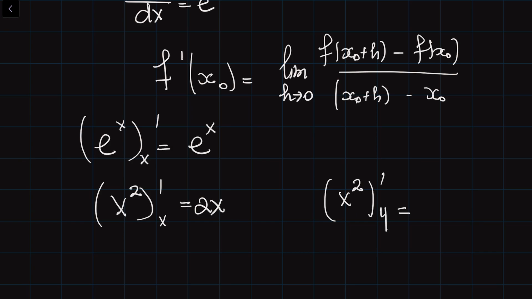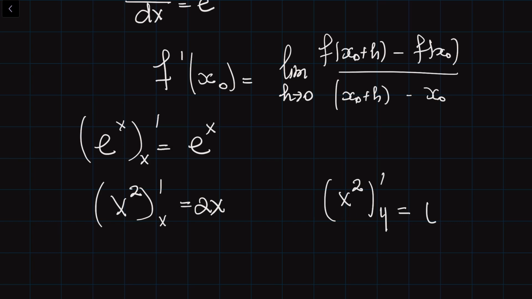The same is here. If I say how much x squared is changing if I change the y, and these two variables are not dependent, you basically say it is not changing. It doesn't matter how much you change the y, x squared is not going to change. It is going to be simply equal to 0.